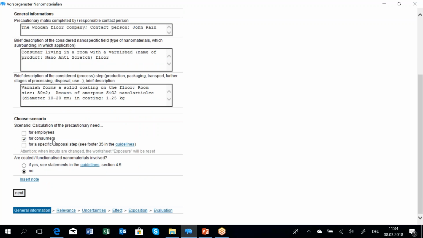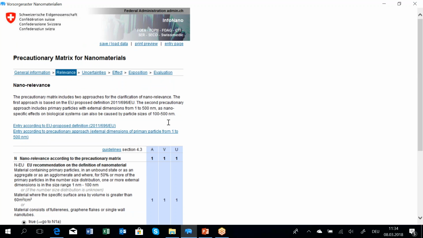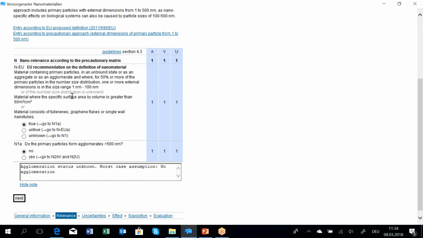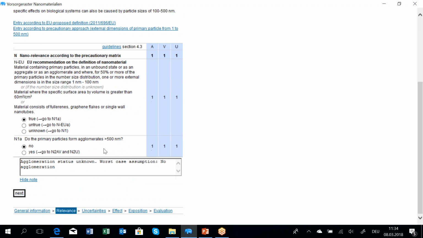Now we are using the precautionary matrix for consumers, and it also didn't change that our nanomaterials are not coated or functionalized. Also for the nano-relevance, our nanomaterials still fall under the EU definition for nanomaterials, so it's true. And as we still do not know how primary particles are agglomerating or not, we're still taking the worst case assumption and checking no.